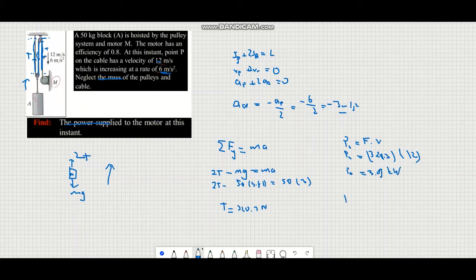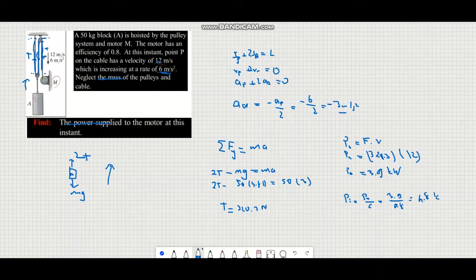We know that P input is P output over the efficiency, which is 3.9 over 0.8, and it's going to be 4.8 kilowatts.